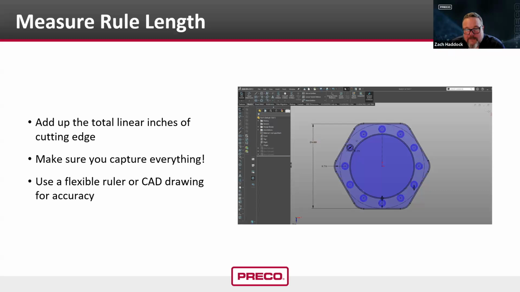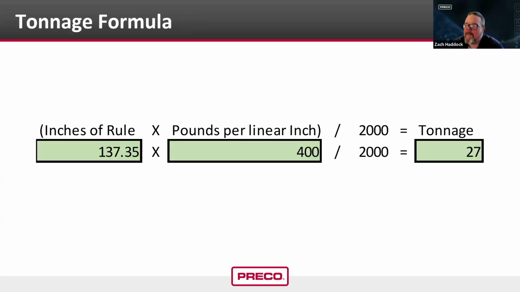But once we have the total linear inches of rule, then we can start plugging numbers into our formula to figure out how much tonnage we need. And the formula is pretty simple. We've got linear inches of rule times our pounds per linear inch, divided by 2,000, which gives us tons, and then that gives us our required tonnage.